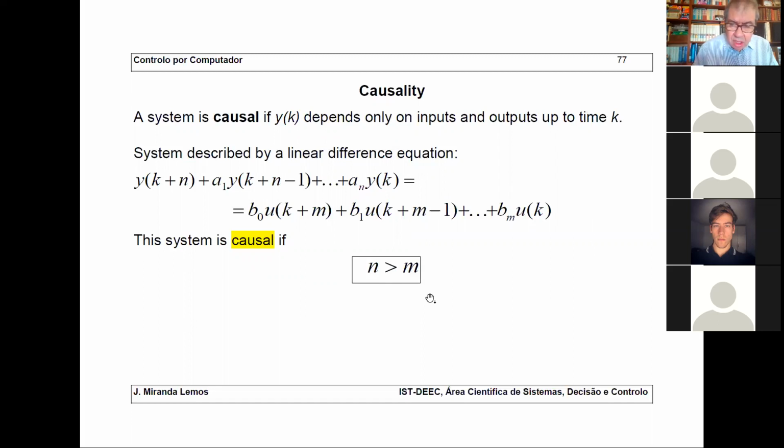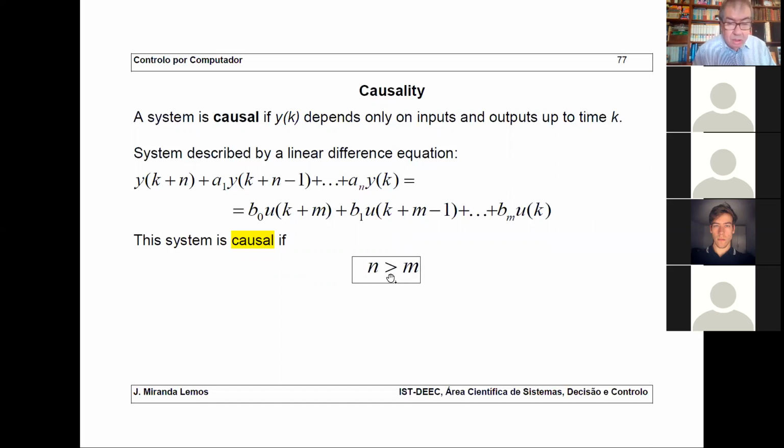In general, it's very rare to find systems with instantaneous response because the system has some inertia. So you apply some stimulus, and the system takes a little bit to respond to that. So in many cases, we are going to have n strictly bigger than m.